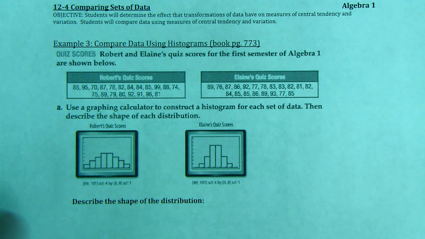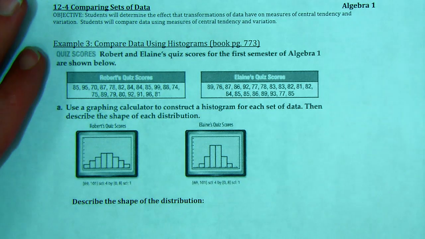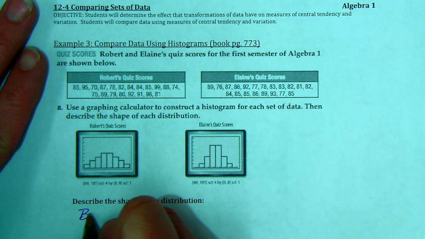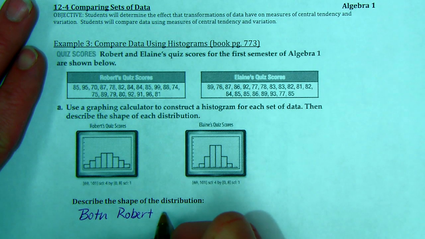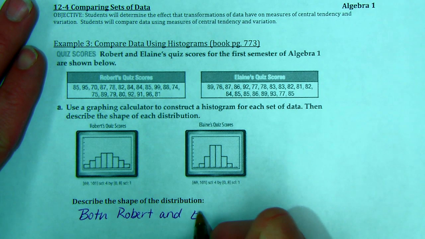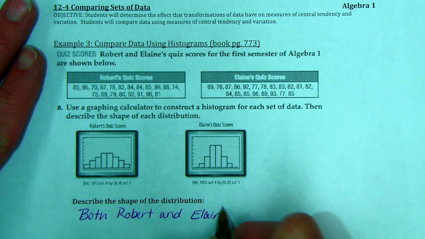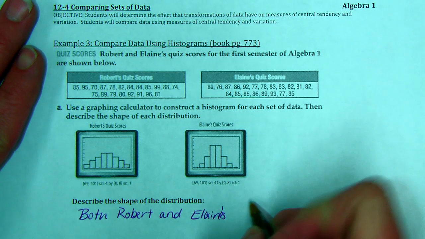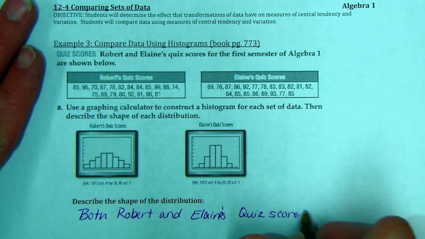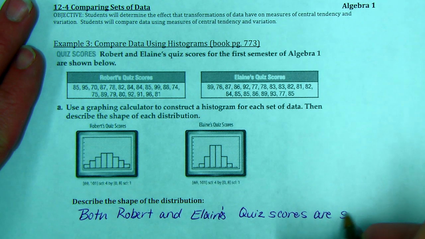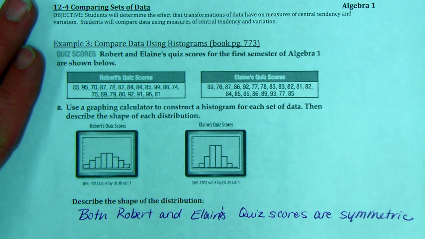I'm going to say both Robert and Elaine's quiz scores are symmetric. So because they're symmetric, we are going to use mean and standard deviation.